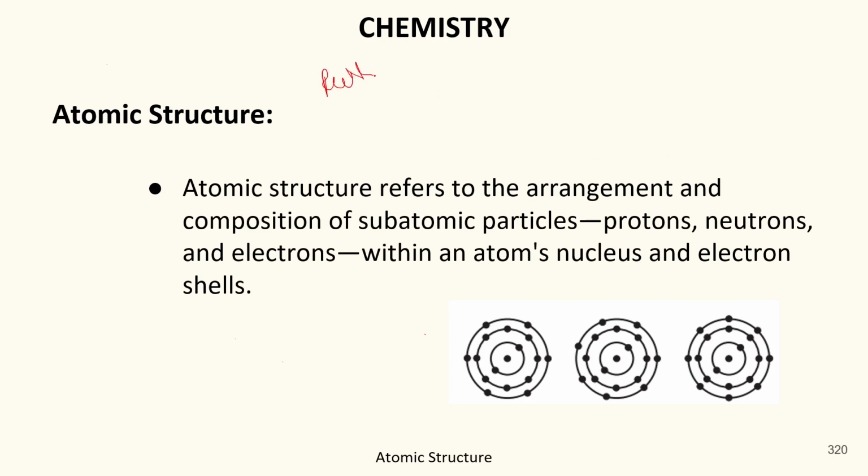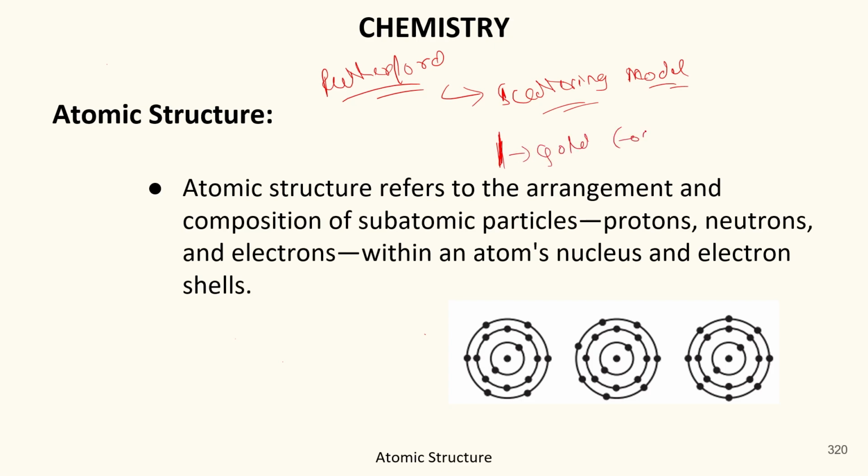Thereafter, the next man was Rutherford. His model is known as the scattering model. Basically he used gold foil, and then he used an alpha particle beam to flash on this gold foil, and after this he made some statements.